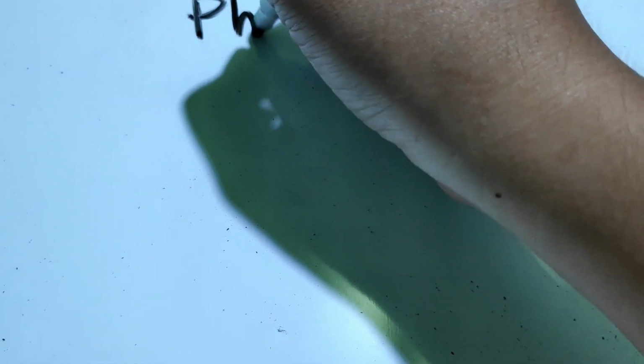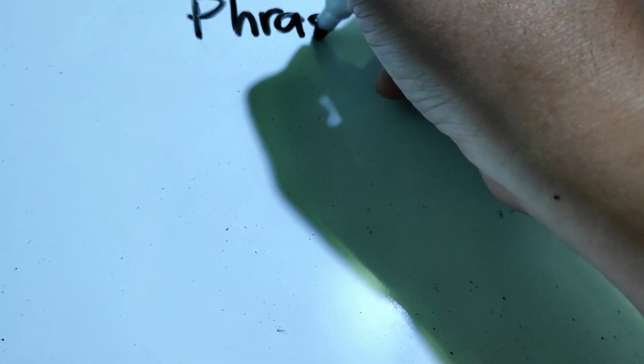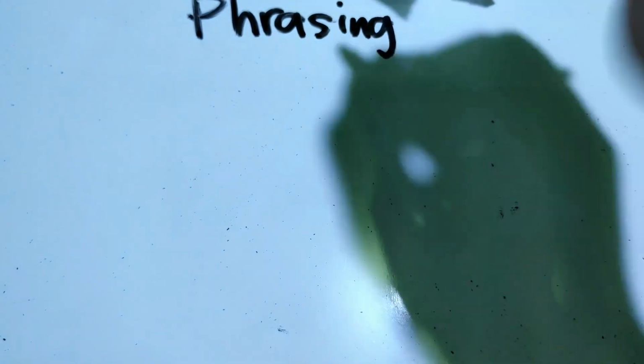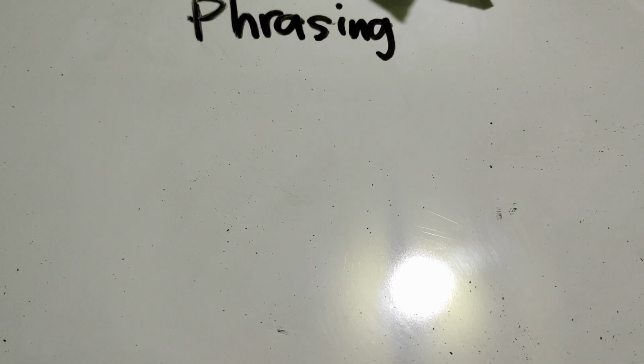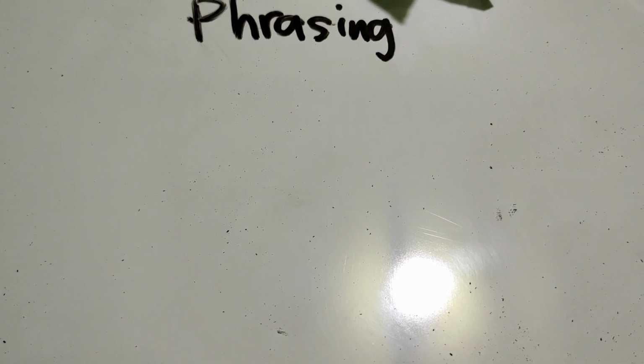So, the next topic that we will be discussing is the phrasing. Okay. In phrasing, this is used on joining of simple words and is a great help to accuracy and speed in writing shorthand.